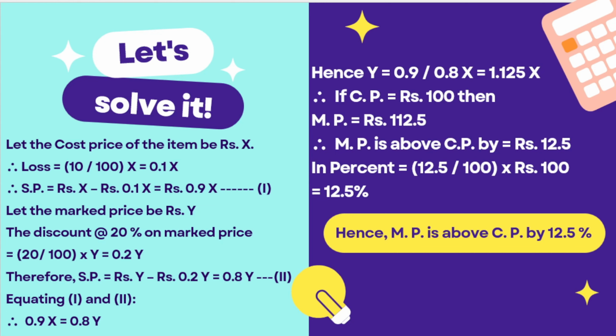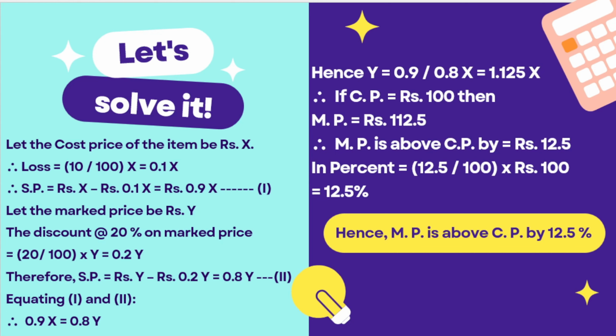Now, as both equations number 1 and 2 represent the selling price only, equating them, we get 0.9x is equal to 0.8y. Solving the equation, we can write y is equal to 0.9 divided by 0.8 x, which comes to 1.125x. Therefore, if cost price is equal to rupees 100, then the marked price will be equal to rupees 112.5.